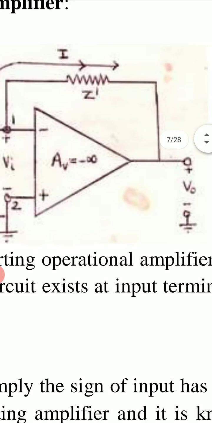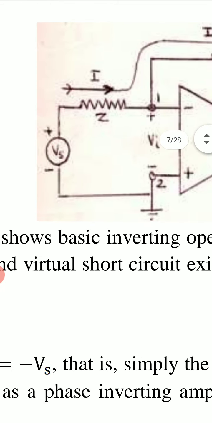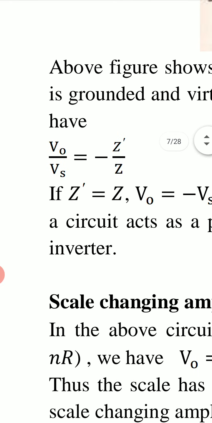So ratio of output voltage VO and input voltage Vs is equal to minus ratio of these two impedances Z dash and Z. V output upon Vs equal to minus Z dash upon Z.